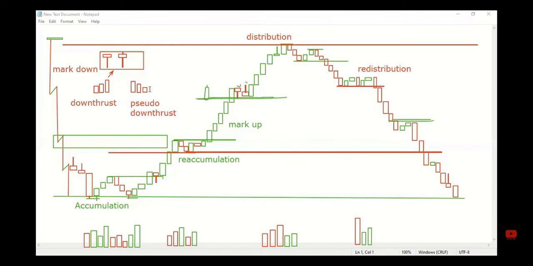So when this candle's volume is high, it's a downtrend signal in an uptrend market. And when this candle's volume is lower than the minimum of the previous two candlestick bars, it's our pseudo downtrend signal. And in a downtrend market, we have to take signal from the buyers, and our first signal is the bullish inverted hammer candle.